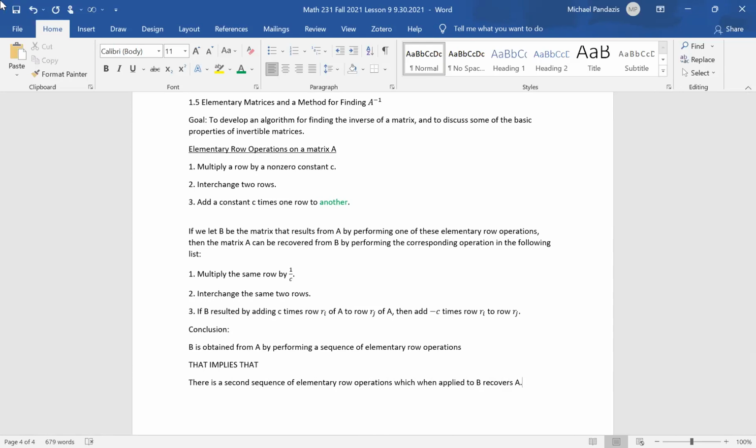Okay, so I'm just going to illustrate this idea. If B is obtained from A by performing a sequence of elementary row operations, then in the beginning you start with A and you perform a sequence of elementary row operations on it, and then eventually you get to B, where the arrows are elementary row operations.